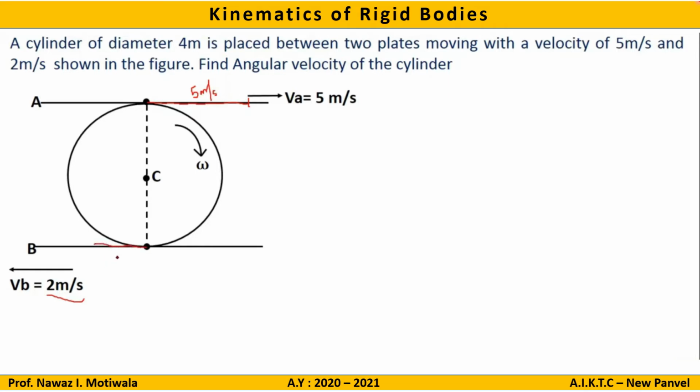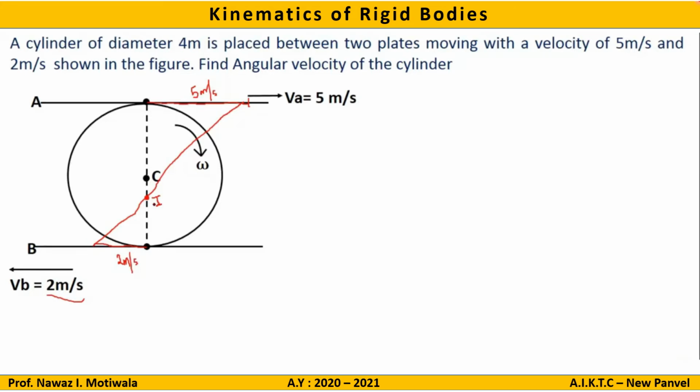So let us say this is 2 meter per second. Then we just join this point with this particular point. After joining, the point at which they intersect the diameter is your ICR. So simple: draw the velocities to proportional limits, join both the lines, and wherever they intersect, that gives you the ICR.